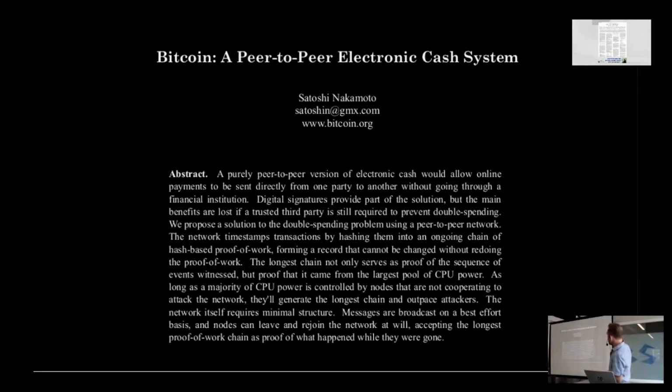So yeah, that's how the name Bitcoin was born. I don't really know why he chose it. It might have to do with BitGold, which was Nick Szabo's project. So yeah, well, this is the paper that we're going to get into. Who is Satoshi Nakamoto? That's a real question.